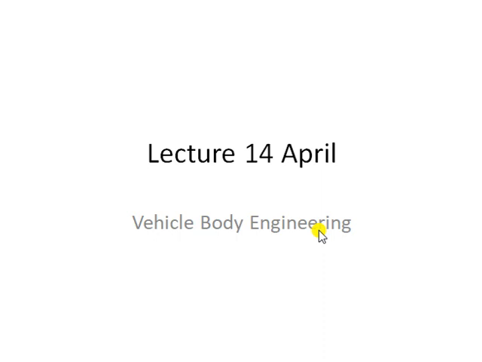That means your body will try to remain in that position, will try to remain in the movement. But since the vehicle has stopped, there will be a jerk experienced by your body in the forward direction. Such a phenomenon occurs due to acceleration and braking load case. That is the effect of braking on your body. But what is the effect of acceleration or braking forces on the vehicle body, that we need to discuss.